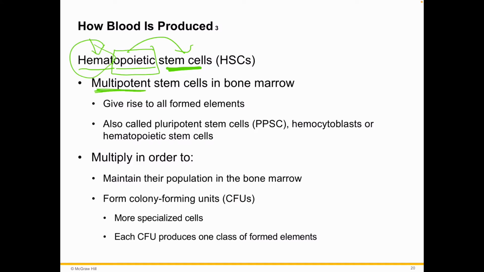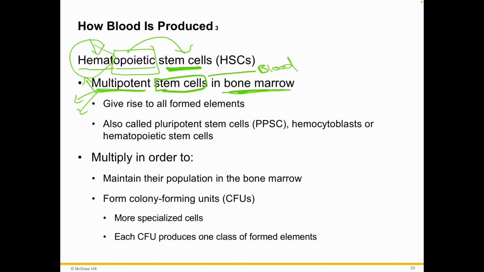Multipotent means that this is a type of cell that can give rise to many different cell types, right? You can get a few different outcomes from these stem cells, so they're not fully committed at that point. These multipotent cells live in the bone marrow. Now, these are stem cells, but only for blood.